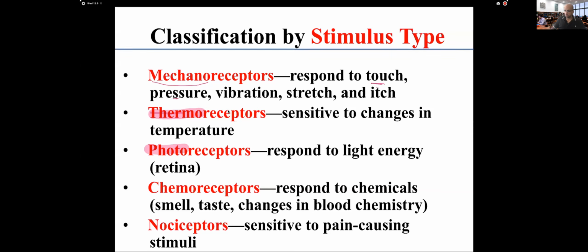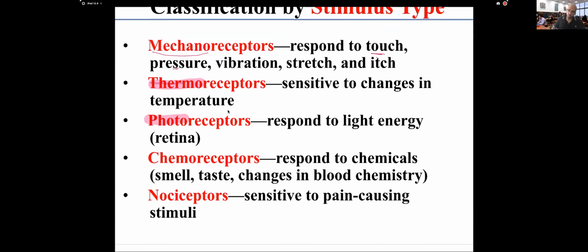They are detecting light. The fourth type on here is the one that would be detecting chemicals, like the ones that we use to detect smell, taste, and the changes in the blood chemistry. We consider those as chemoreceptors.